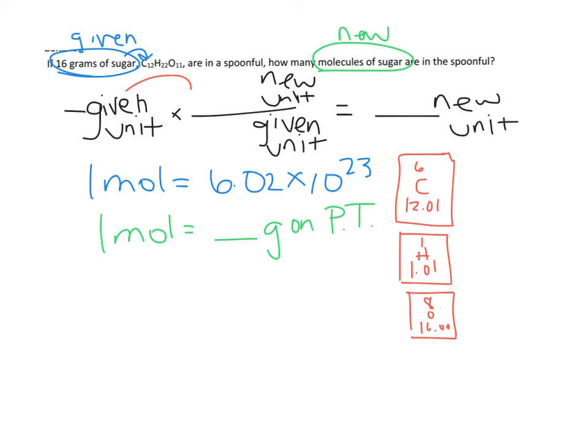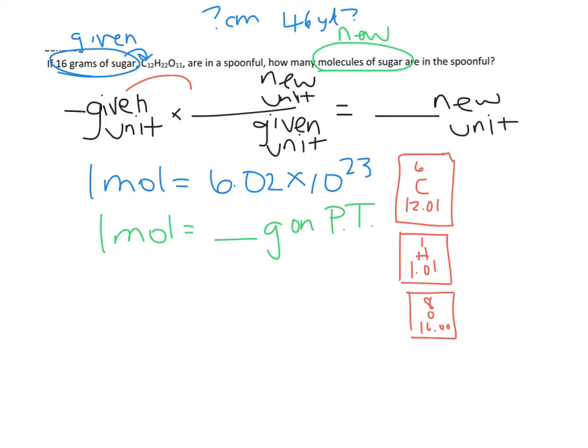Just to give you an example of an everyday life kind of thing, if it said, how many centimeters are in 46 yards? I'm not sure anybody knows how many centimeters are in 1 yard, right? So we can't just jump from yards to centimeters unless we know that.